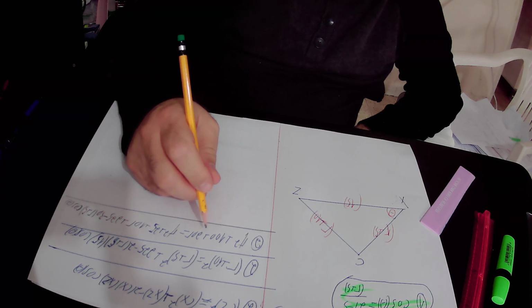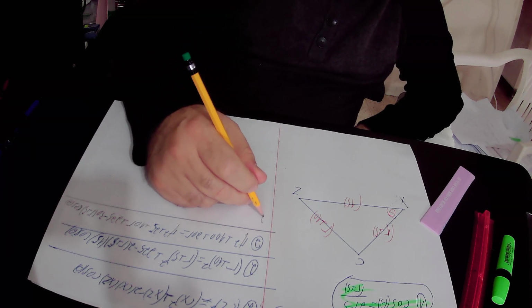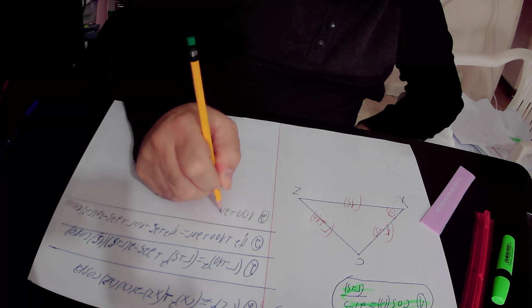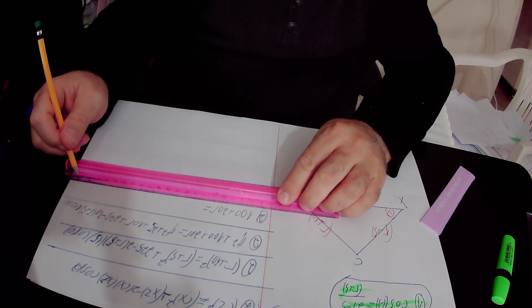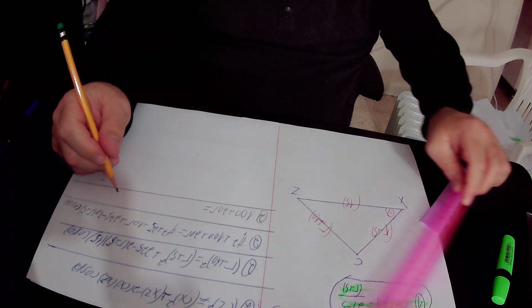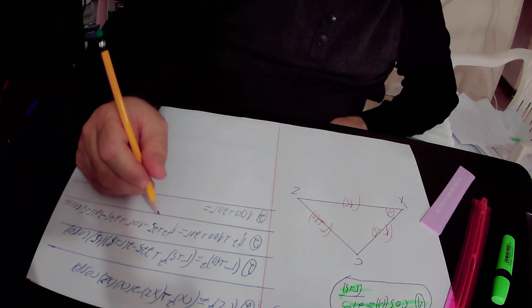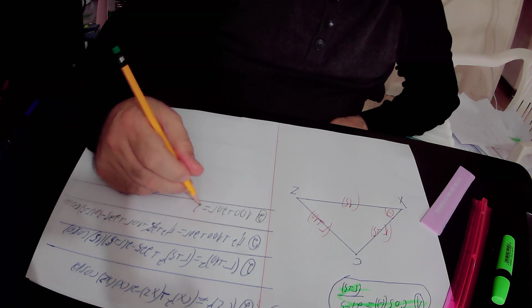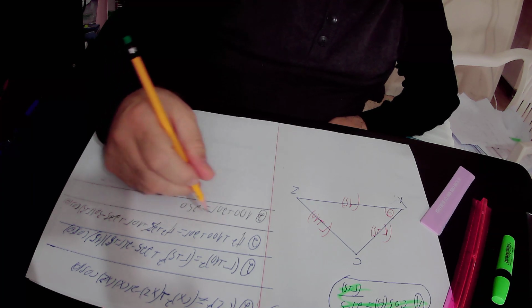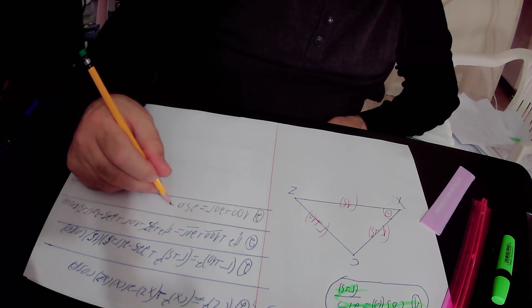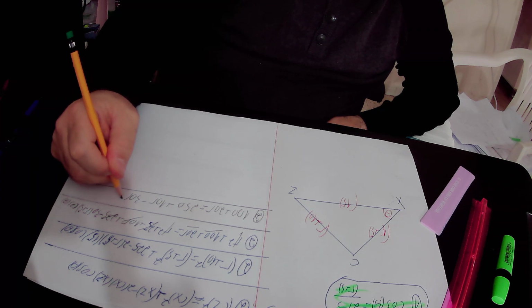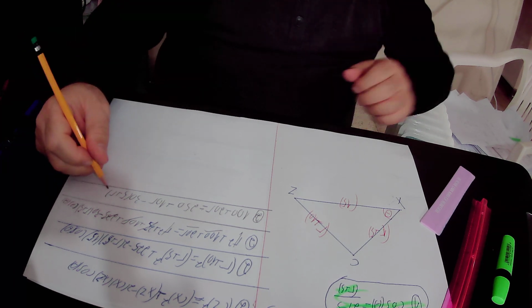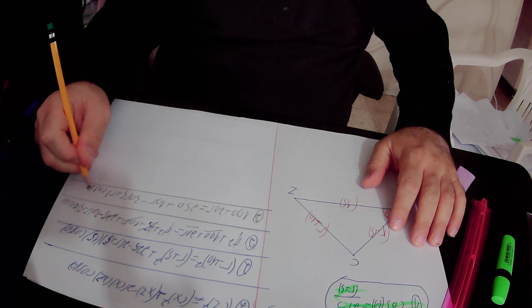So on this side of equation number 2 we have 100 plus 20r, and on the other side we have 25 plus 225, which is 250, plus 10r, minus 30 times r plus 5 times cosine theta. Okay?